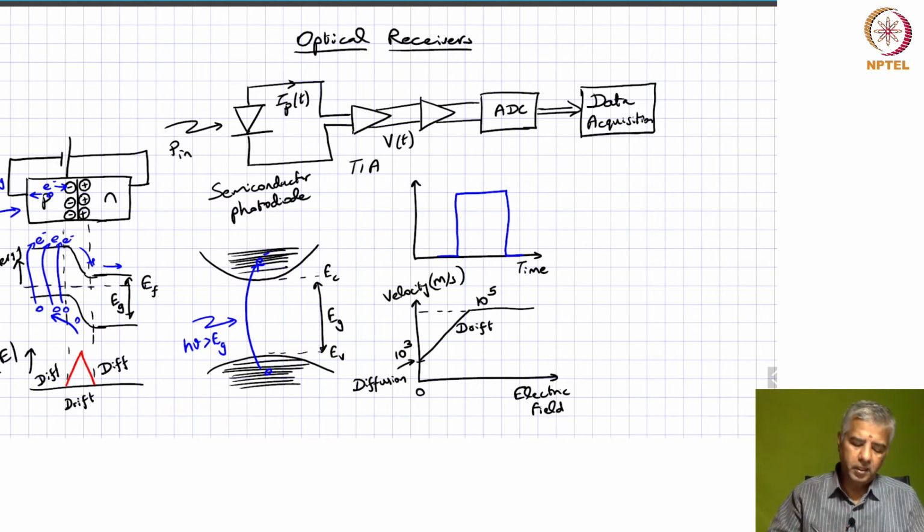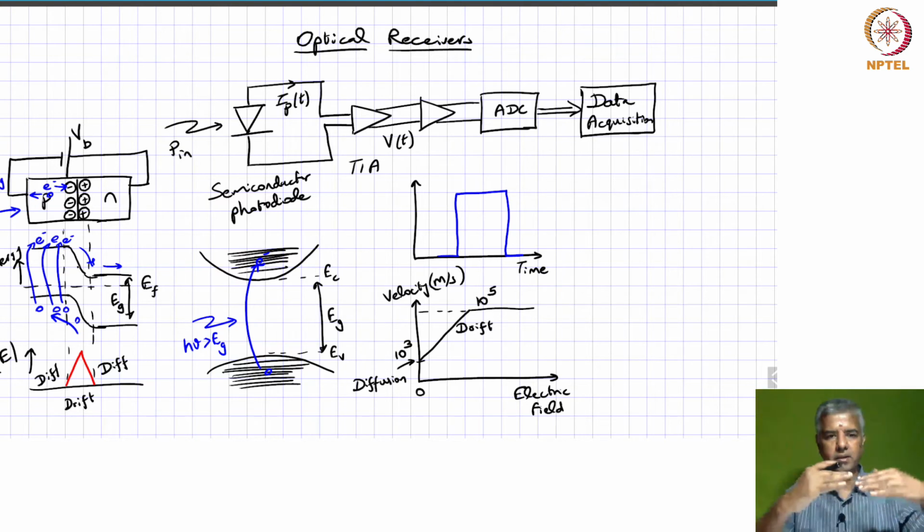And the key point here is, if you change your external bias, let's say this is VB, a negative or reverse bias that we are providing, and you increase your reverse bias, then this electric field gets enhanced. Essentially, the Fermi energies are pried open, or displaced to either side, and correspondingly this barrier is going to get enhanced.